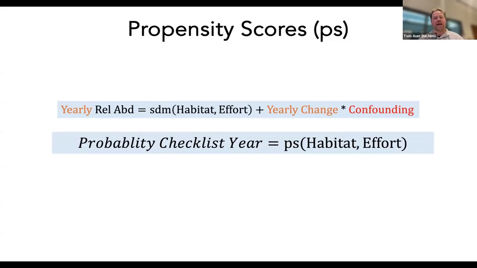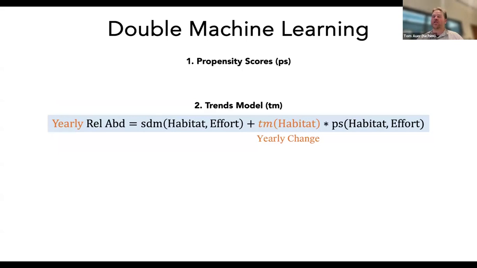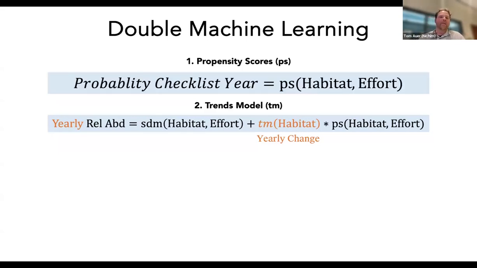And so that gives us a way to understand what the bias over time potentially is in this causal learning framework. So this value, these propensity score models, then go in to the next model, which is where the paper about this comes from, which is double machine learning.